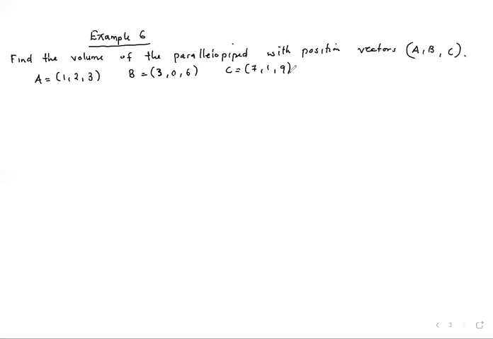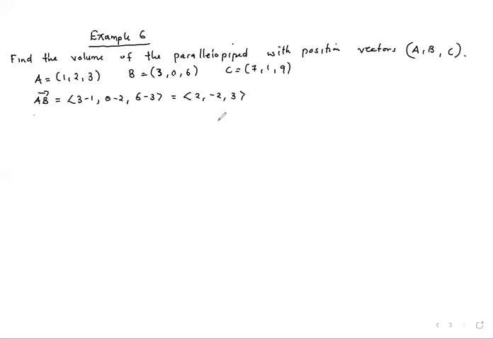So this is a parallelepiped, and you want to get its volume, and you are given the position vectors. You first find the direction vectors. So you find AB: you get 3 minus 1, 0 minus 2, 6 minus 3, which is 2, negative 2, 3.